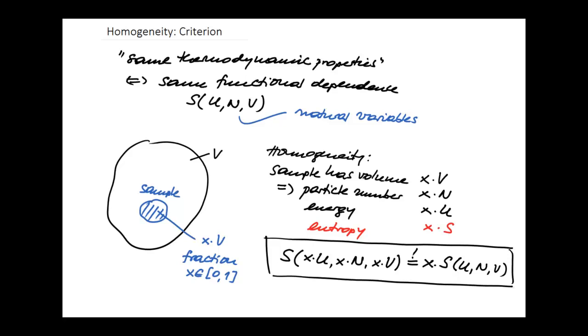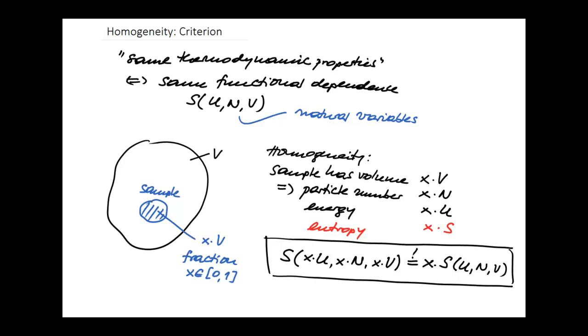So this is the mathematical criterion for homogeneity: volume, particle number, energy, and also entropy of a sample, when I take a fraction x of the entire system, must all be fractions x of the entire system, and the same functional relationship must hold between energy, entropy and its natural variables U, N, and V. So the equation inside the box must hold.